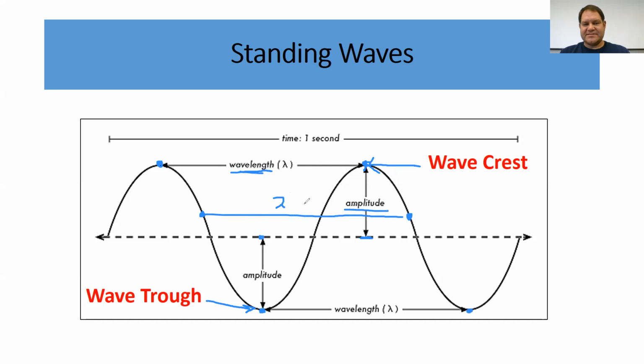Now, the symbol that I just wrote, which looks like an upside down Y, is the Greek letter lambda, and for our purpose, it stands for the wavelength. So whenever you see lambda, this upside down fancy Y, we're talking about wavelength, okay?